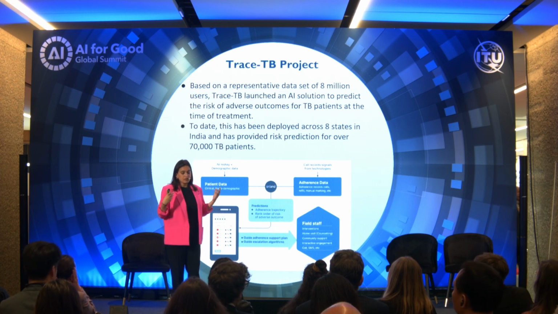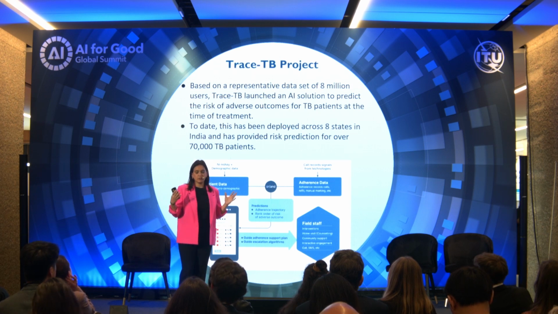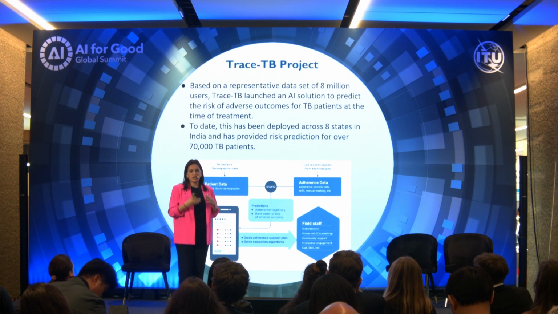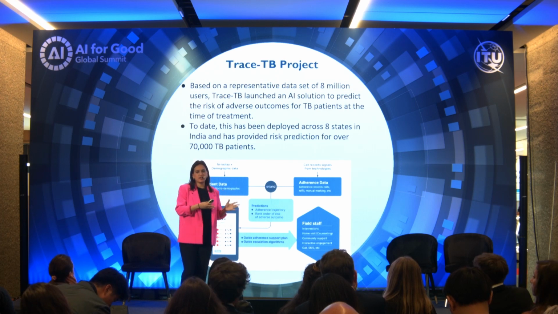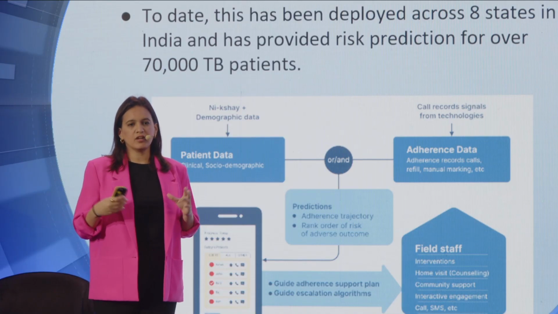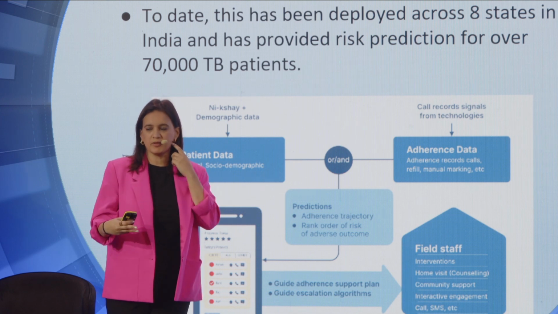So we trained a data set using over 8 million users, and we put in a bunch of factors, including gender, location, the time between the diagnosis and the treatment, their occupations, etc., to identify patients that were the most likely to fall off the treatment regime.